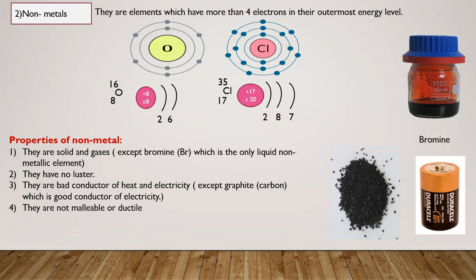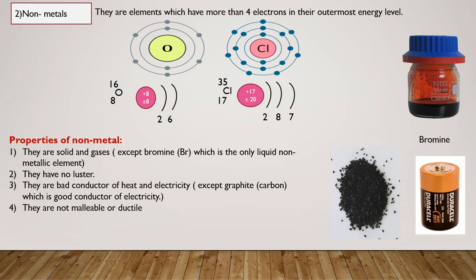The second property, the non-metals have no luster. The third property, they are bad conductors of heat and electricity, except for graphite or the carbon, which is a good conductor of electricity, and they are not malleable or ductile.